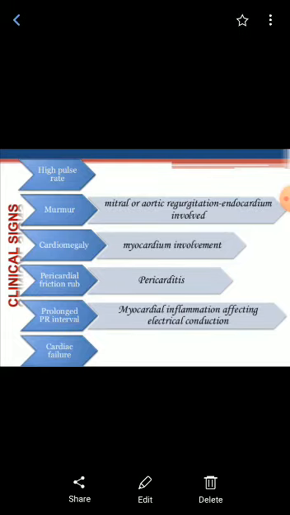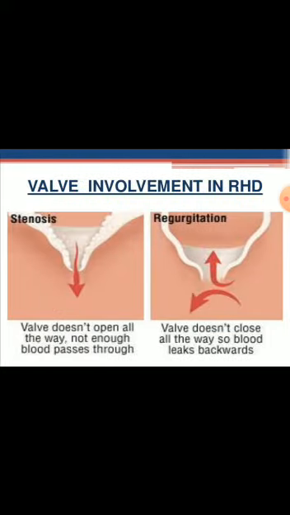Myocardium is involved again, and pericarditis, where all layers of the heart wall become inflamed, and the myocardial inflammation affects the electrical conduction. So these are some clinical signs present in rheumatic heart disease.